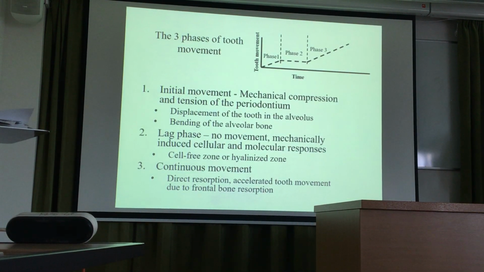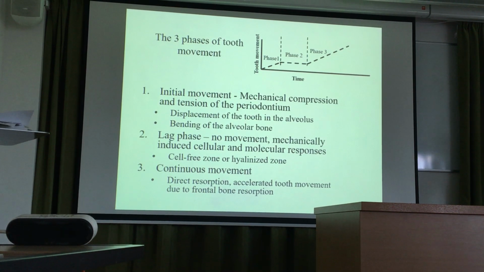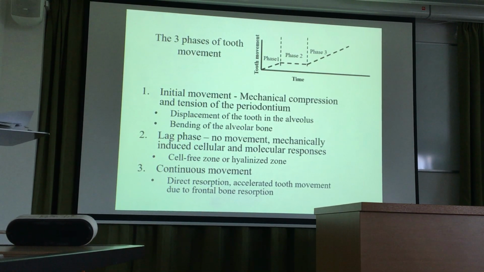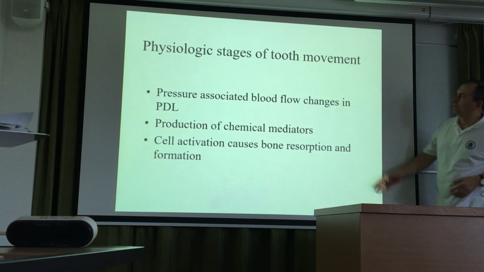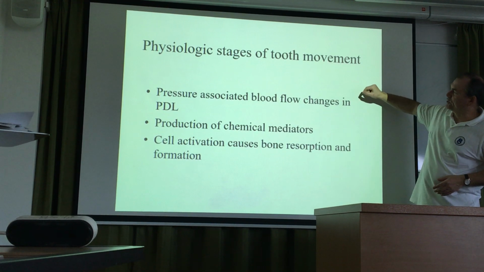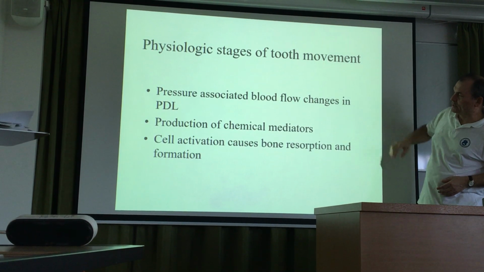Okay, frontal bone resorption. This is an important term. Frontal bone resorption. Later you will see why it is important. So, the physiologic stages of tooth movement you can see here.